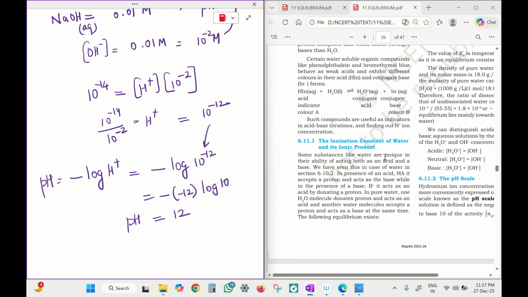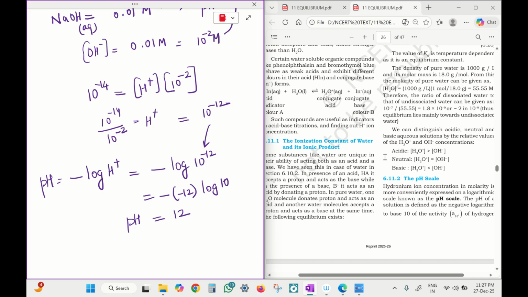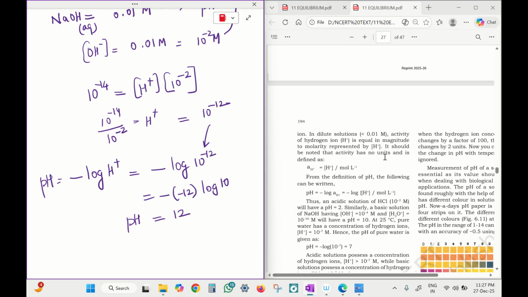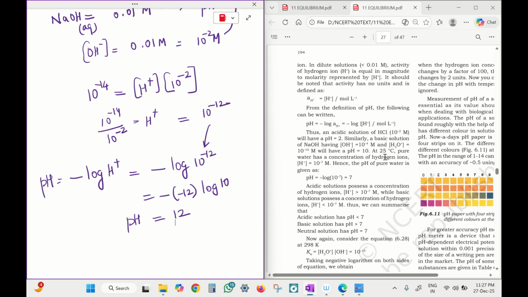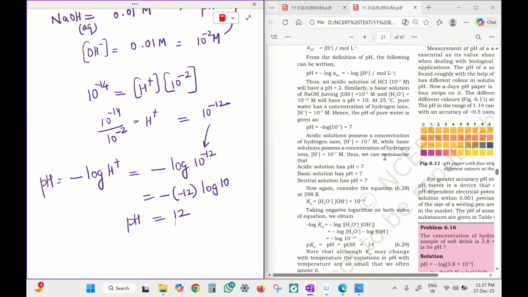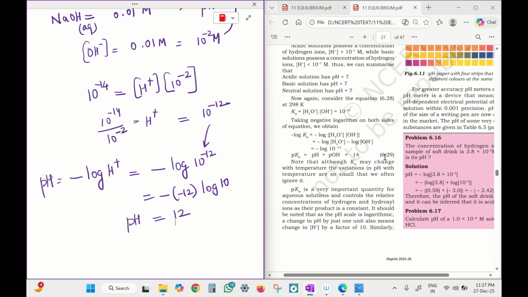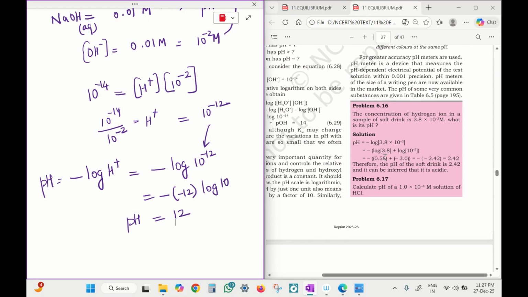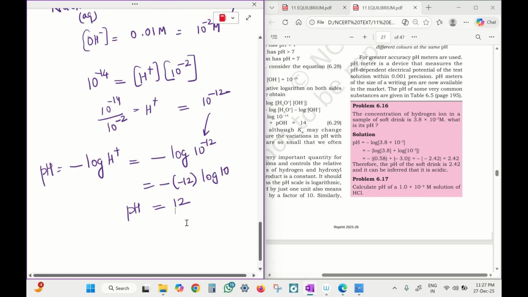Right? So I hope the ionization constant of water and its ionic product, the pH scale, etc., is quite clear to you.